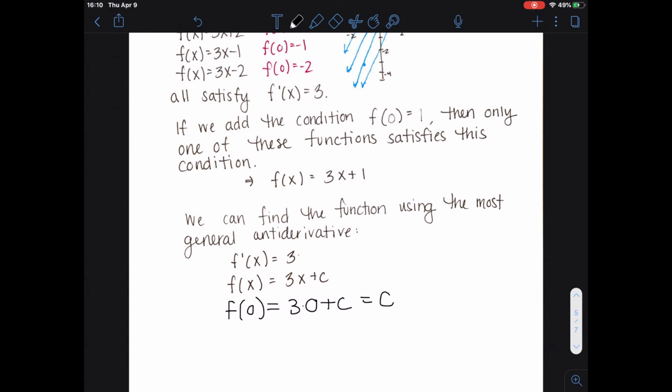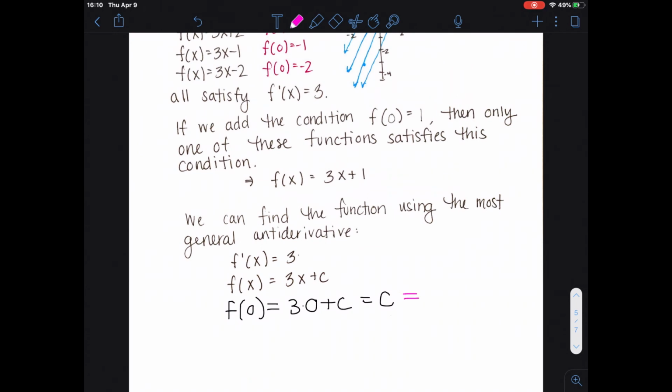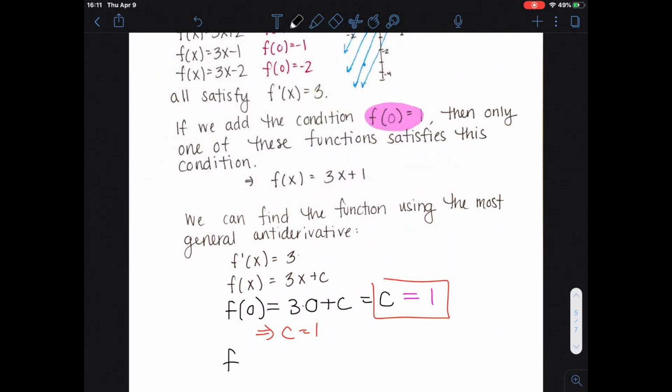This has to have an output of 1. So this thing better equal 1 from this condition. So that immediately tells us c must equal 1. So the function that satisfies this condition is f of x equals 3x plus 1. Okay.